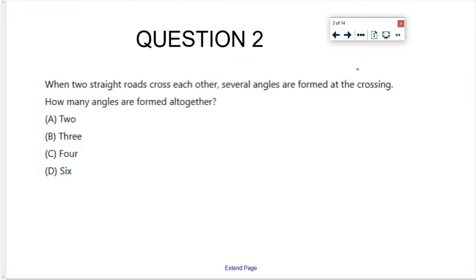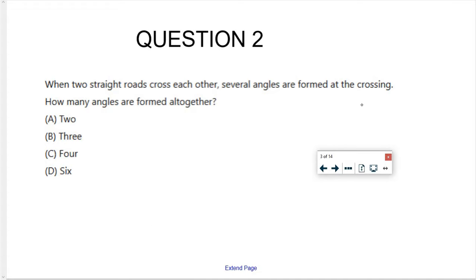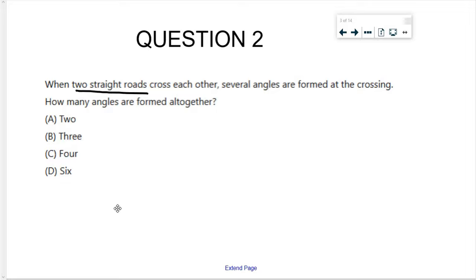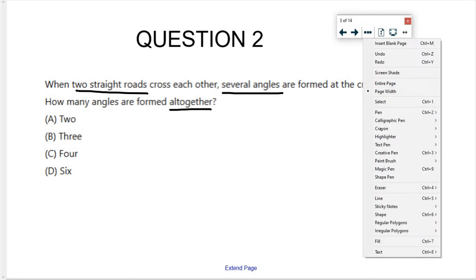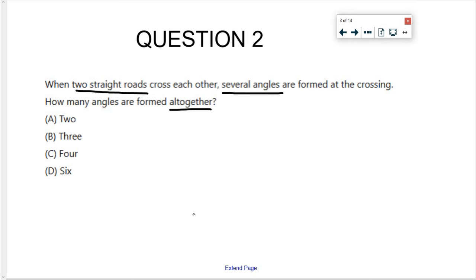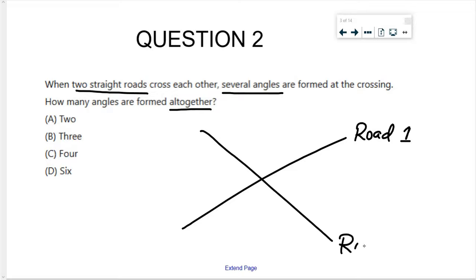The next question says, when 2 straight roads cross each other, several angles are formed at the crossing point. How many angles are formed altogether? So like how I said, suppose this is the first road, this is road 1, and this is road 2. When they cross each other, they form a total of 4 angles.